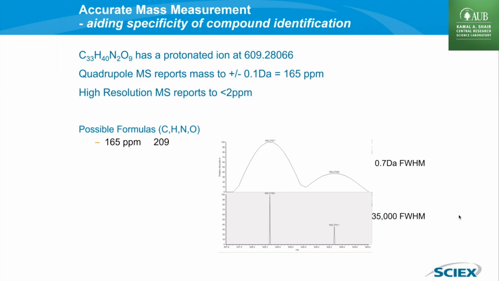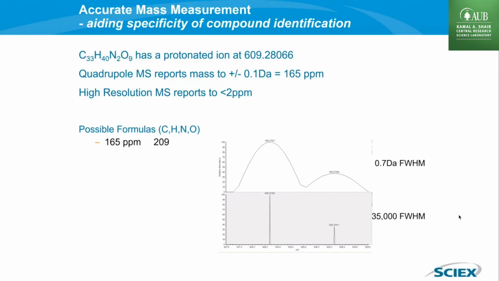C33H40N2O9, which has a protonated mass of 609. So if we limit ourselves to the elements C, carbon, H, hydrogen, N, nitrogen, and O, oxygen, can we find out what is the formula of this data?